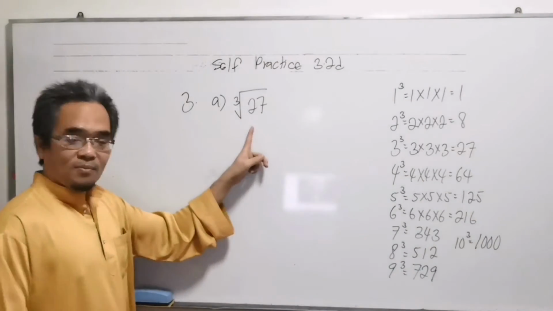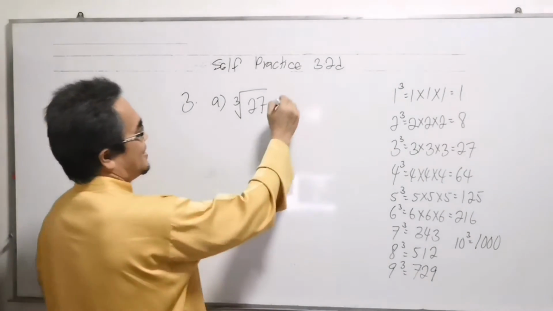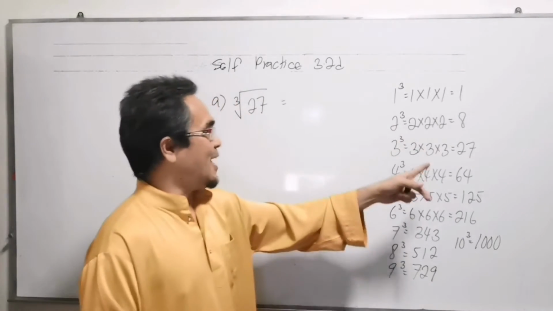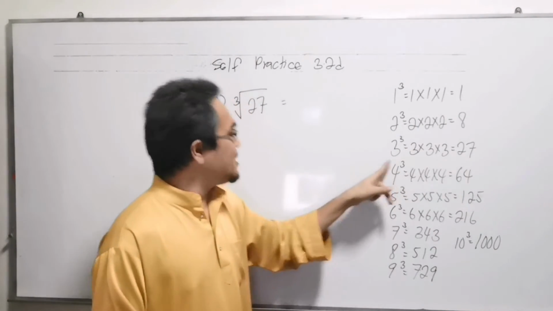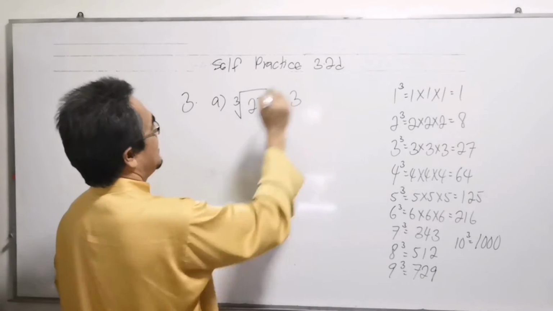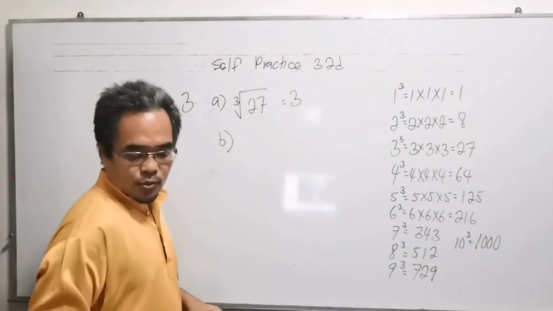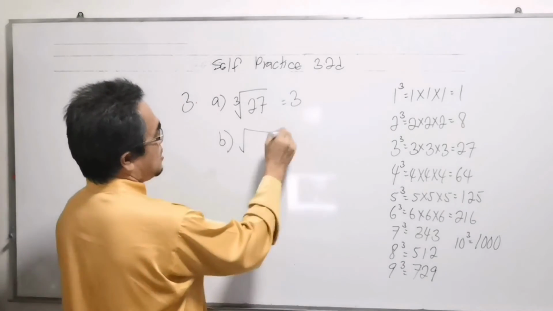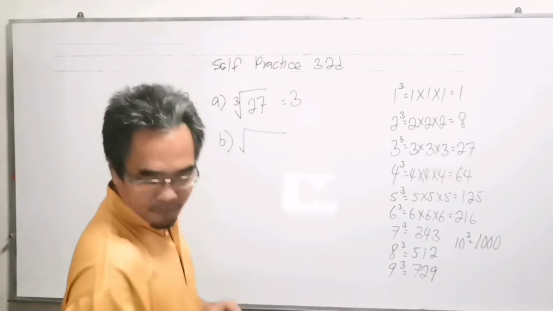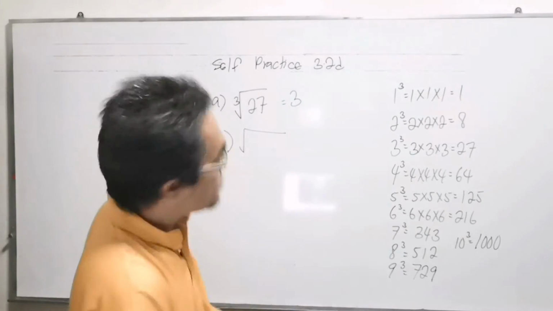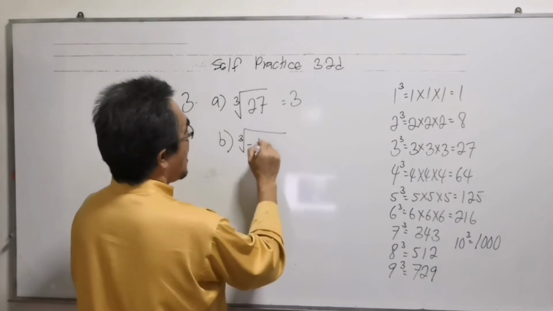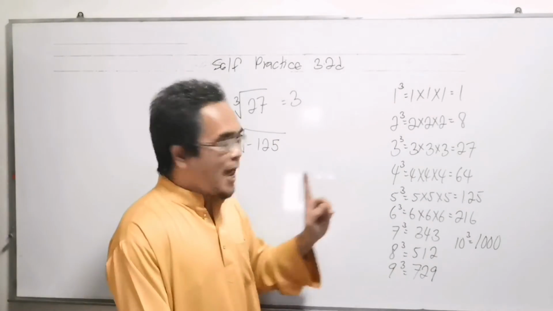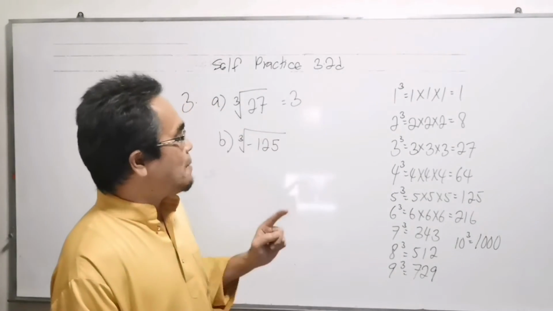Okay? So, for A, familiarize yourself with these numbers, and then the cube root of this will be this number. So for B, the cube root of -125. We need to do one experiment with one of the numbers.